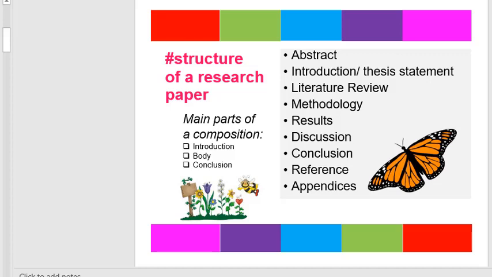If we divide these three parts into subheadings, it consists of abstract, introduction or thesis statement, literature review, methodology, results, discussion, conclusion, references, and appendices. All these will be discussed one by one in these videos.